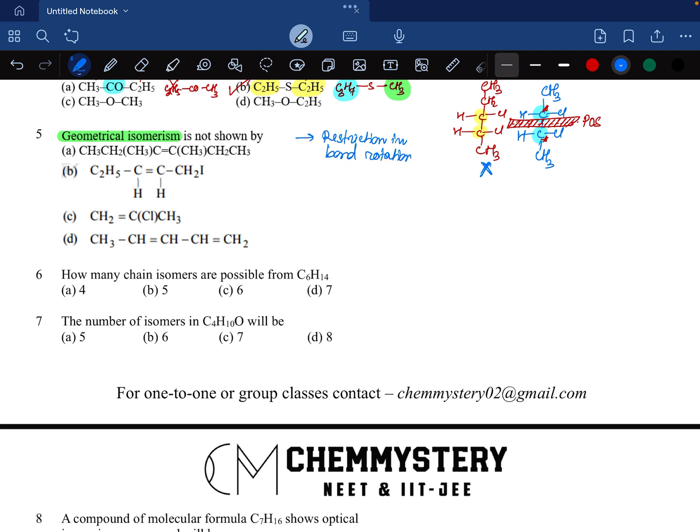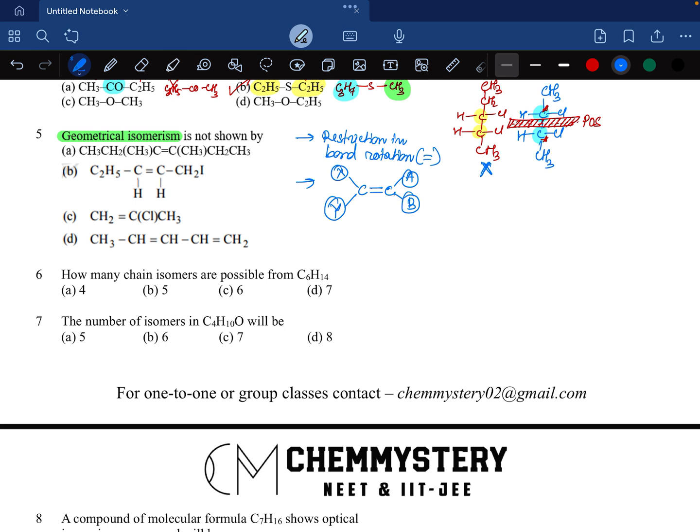Why restriction? Due to the presence of a double bond. Second condition is around the double bond, the groups attached to the carbons should be different, not same.